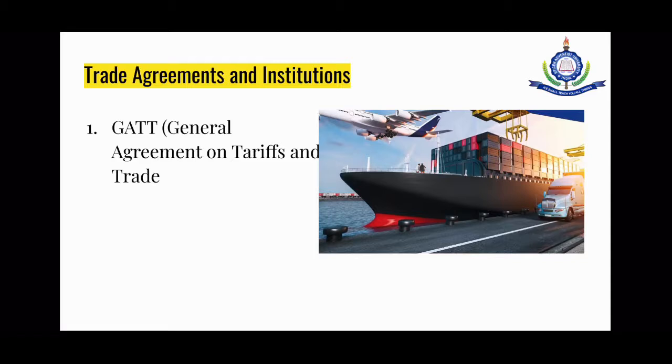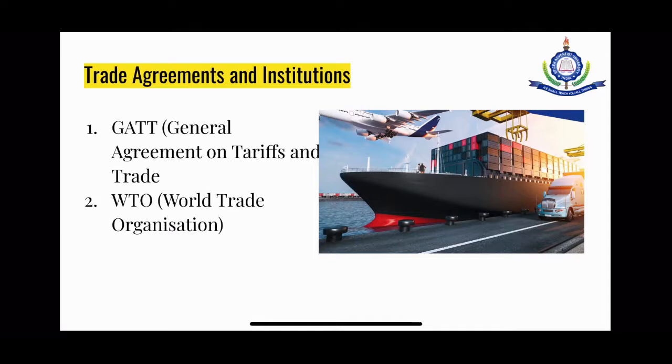But GATT was replaced by another organization, an intergovernmental organization known as the World Trade Organization, which was established in the year 1995. And the signatories of this or members of the World Trade Organization come together at a common platform which helps them in trading with other countries.